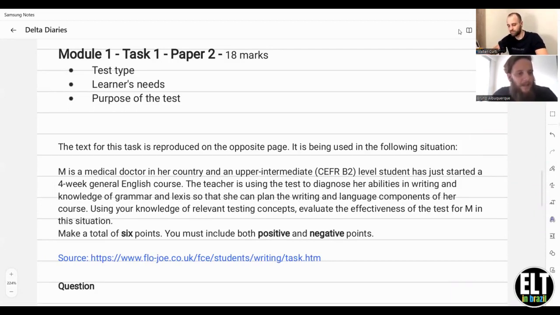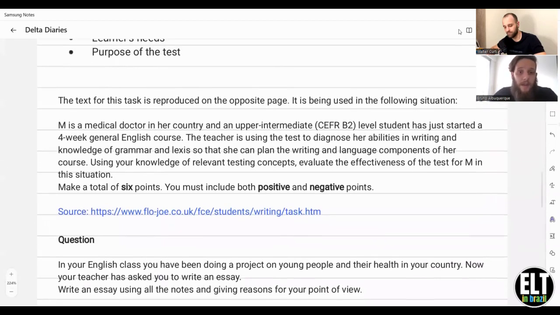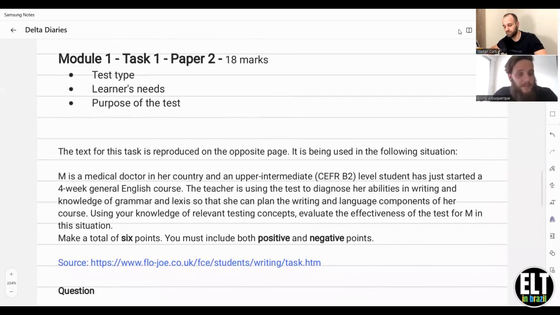In this case, we can see right above the source, make a total of 6 points, and you must include positive and negative points. Again, you can have 1 positive and 5 negatives, 1 negative and 5 positives. You decide, right? But you have to have at least 1 in each.